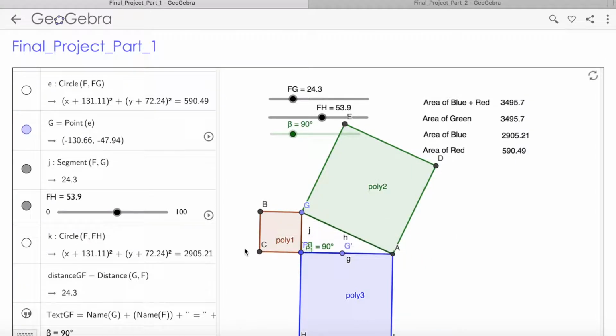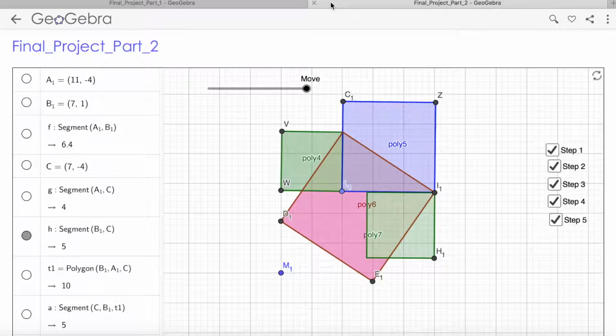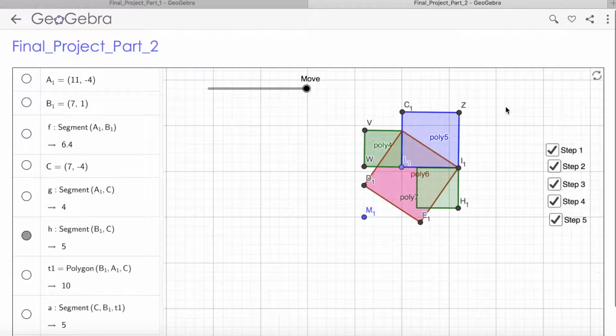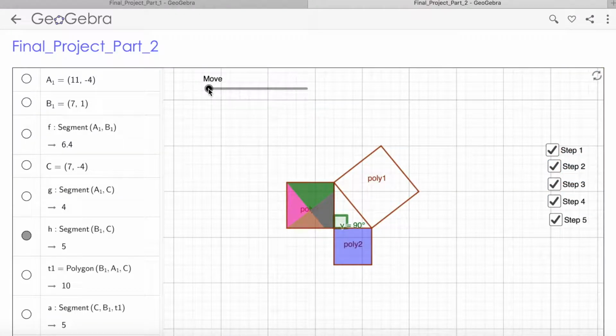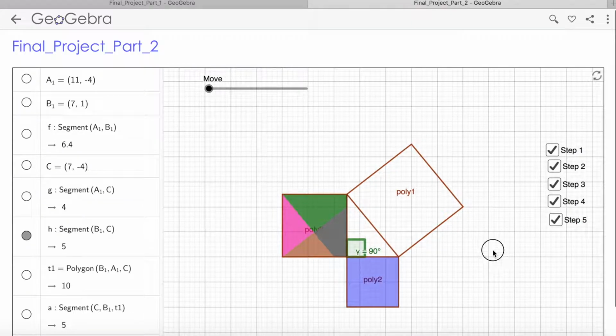So now that we have this proof that the areas of the squares of a and b are always going to equal the area of c squared, we can move over to more of a visual proof that will really help the understanding of visually how the squares of a and b fit perfectly and are equal to the square of c.